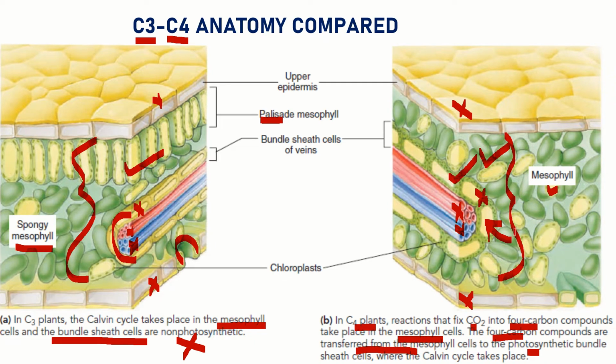While in the case of C4 plants, light reaction is taking place in one type of tissue, while dark reaction is taking place in another type of tissue. So light reaction, in which oxygen is evolved or produced, is spatially separated from dark reaction. So let us see the pathway in detail.